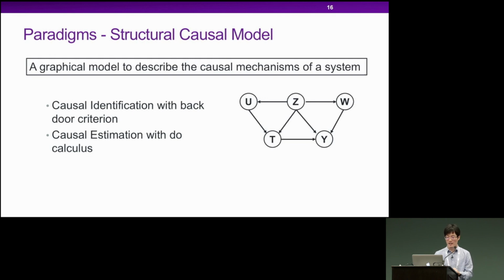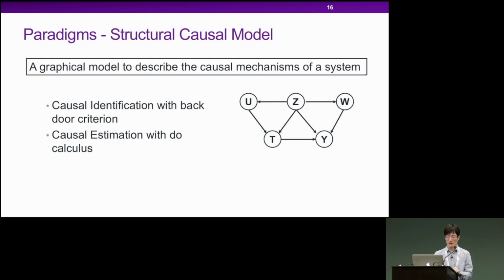One is that, for example, I want to estimate the causal effect of T on Y. Then based on this graphical model, we can use the backdoor criterion to identify which variables you need to control for this causal identification, right? So this is one task.